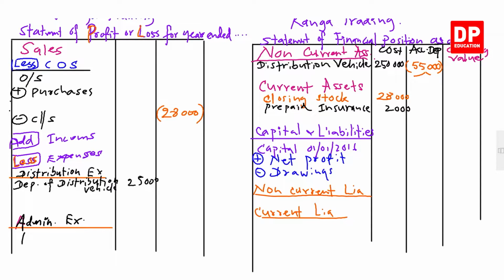Insurance. It's better if you can mention 12,000 subtract 2,000 within brackets in front of the item, it's very convenient. So 10,000 comes as the answer here. Insurance expenses.